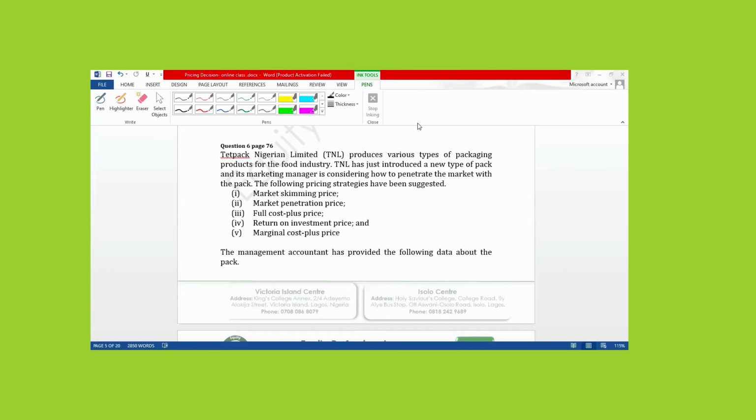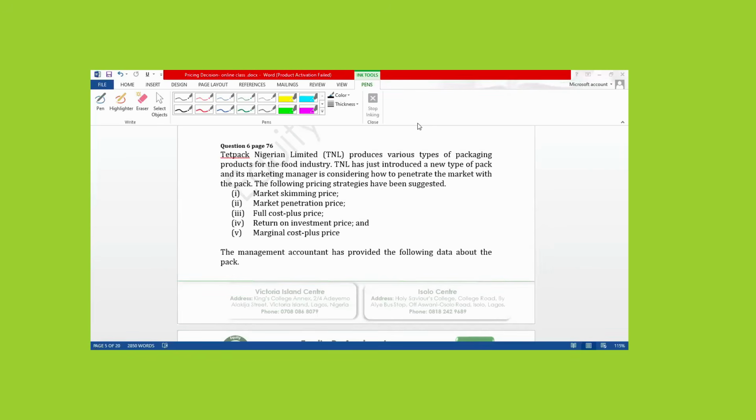A cost leadership strategy. Market penetration can be adopted successfully if the company can produce at the lowest cost. That is the meaning of cost leader.